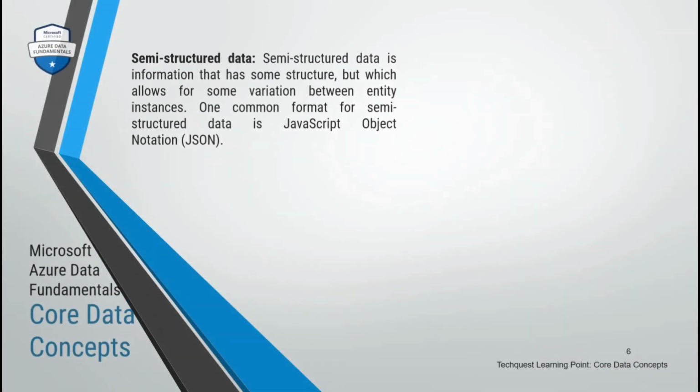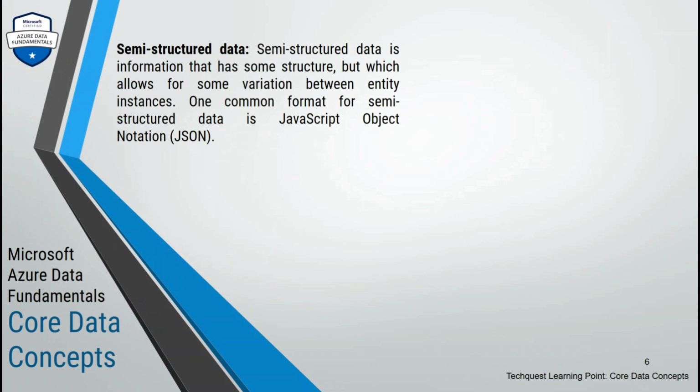Semi-structured data is information that has some structure but which allows for some variation between entity instances. For example, while most customers may have an email address, some might have multiple email addresses, and some might have none at all.